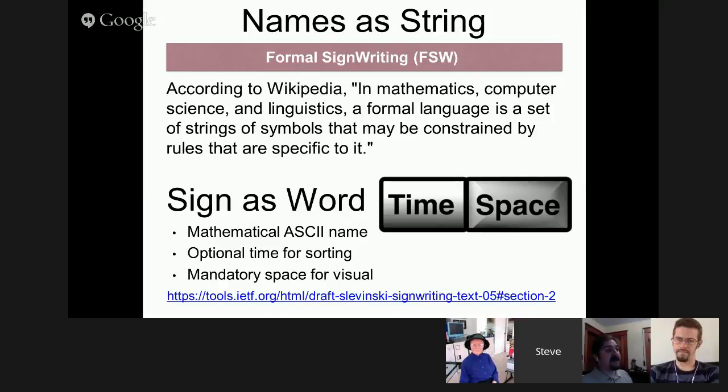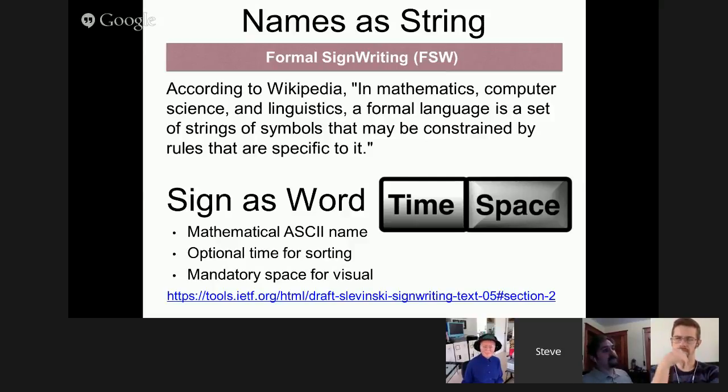The time element is just a sequential list of symbols saying that when you're going to sort it, here's the order that the symbols matter in. Time and space is divided, and again, I'll show that to you in a little bit. If you want to read more about formal SignWriting, I have a link at the bottom of this page to the Internet draft Slevinski SignWriting text, and that will give you a lot more detailed information on formal SignWriting.